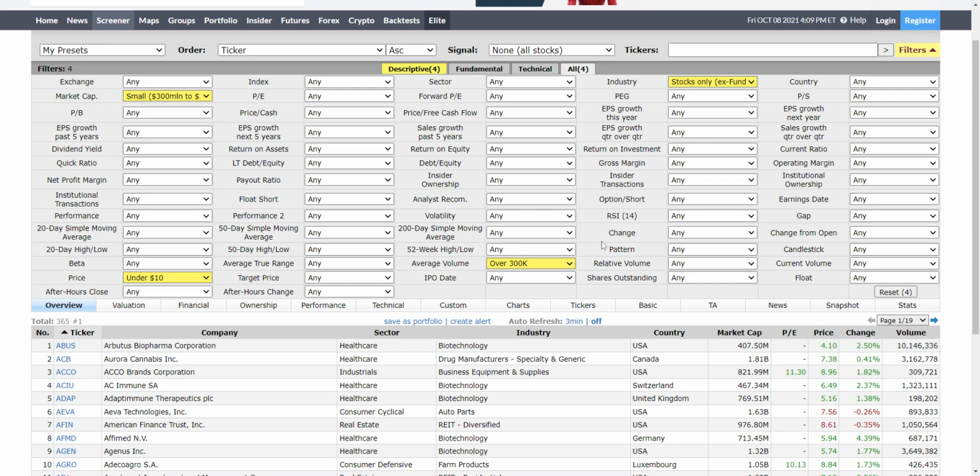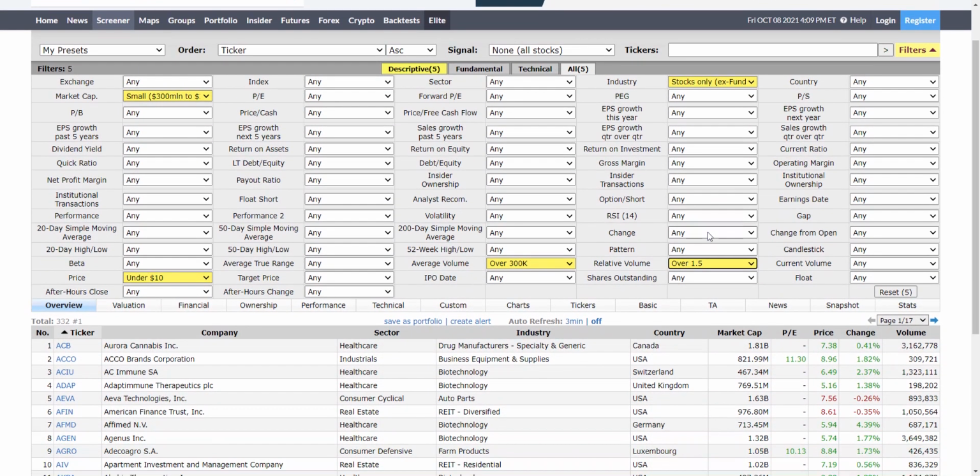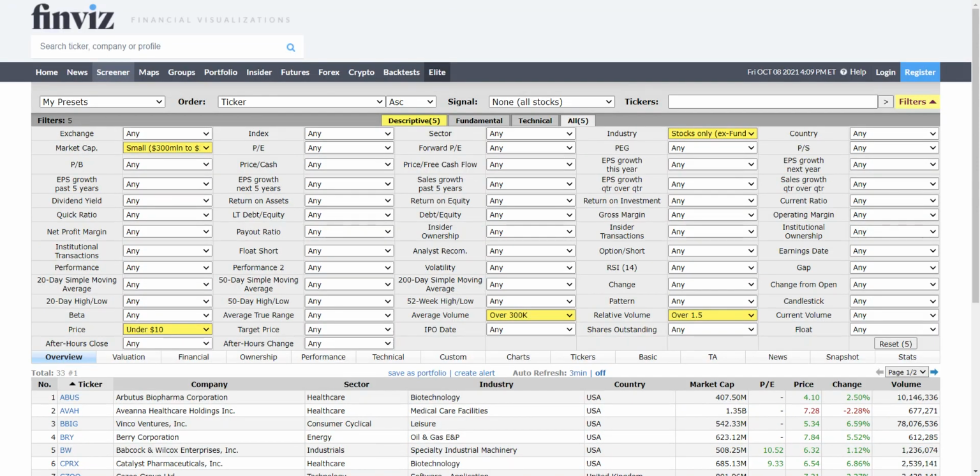In this case, we want it to be over 1.5, not under, but over. This is the L, so over 1.5.